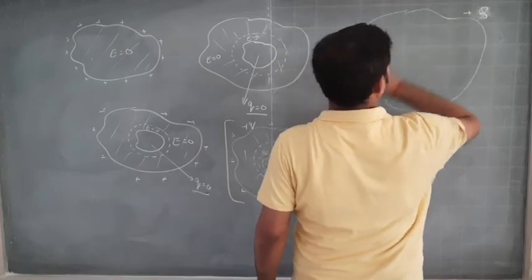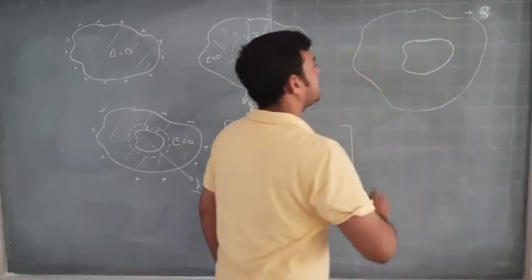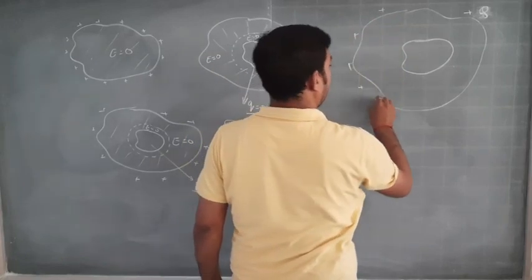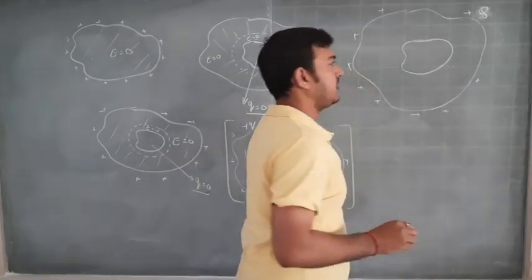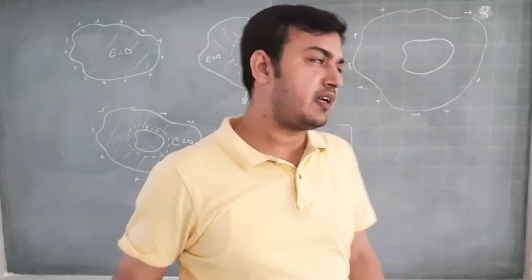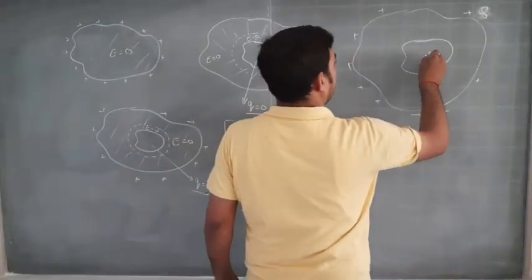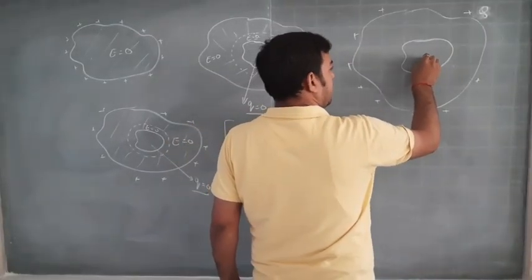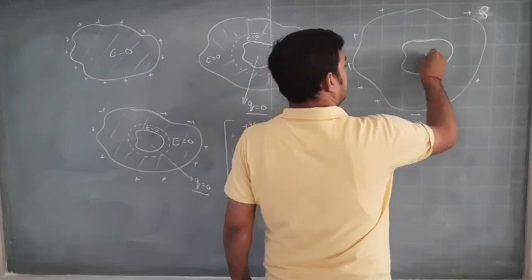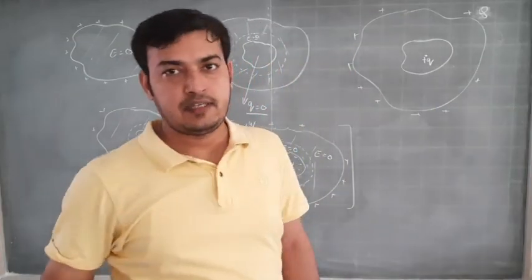Let me take this charge, and this is a cavity. So my conductor is already having a charge, and that is on the outer surface of my conductor. There is a cavity, and I am going to add a positive charge inside this cavity.